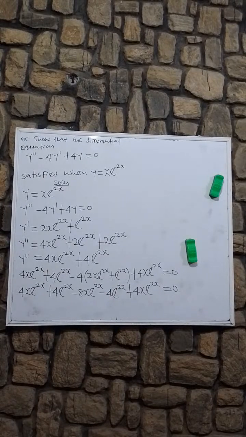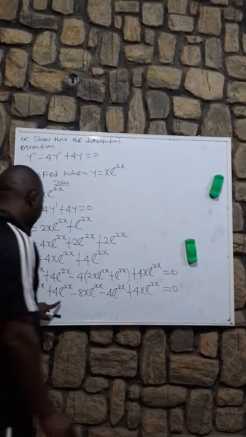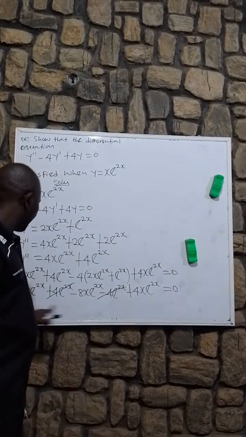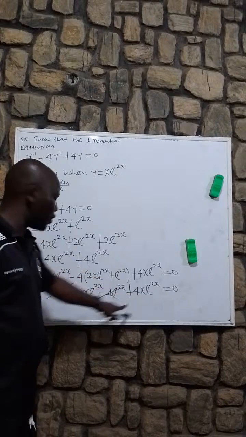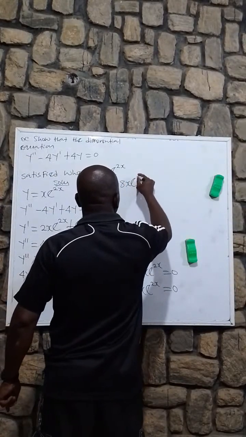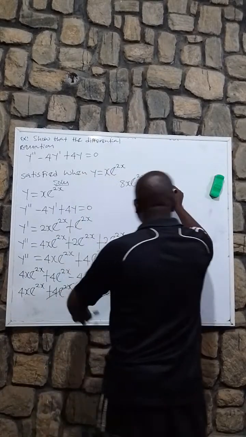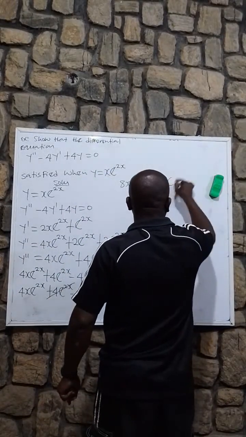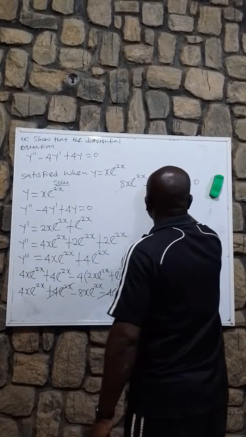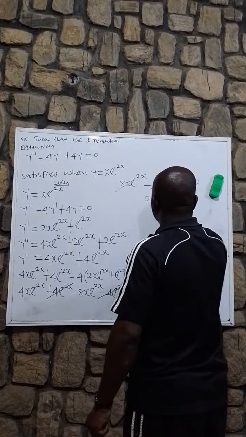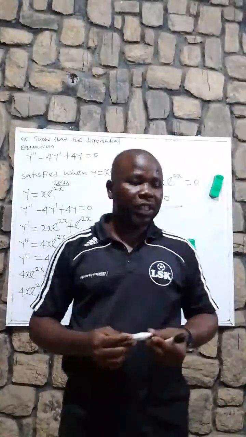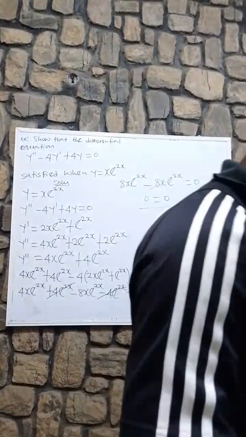You don't need a prophet to tell you, this and this cancel. If you add this to this, you have 8x exponential 2x minus 8x exponential 2x equals 0. So 0 equals 0. This is how you are going to consider this type of question.